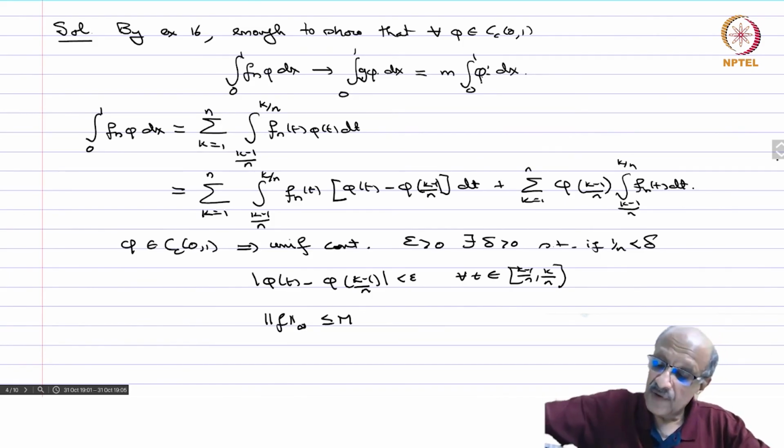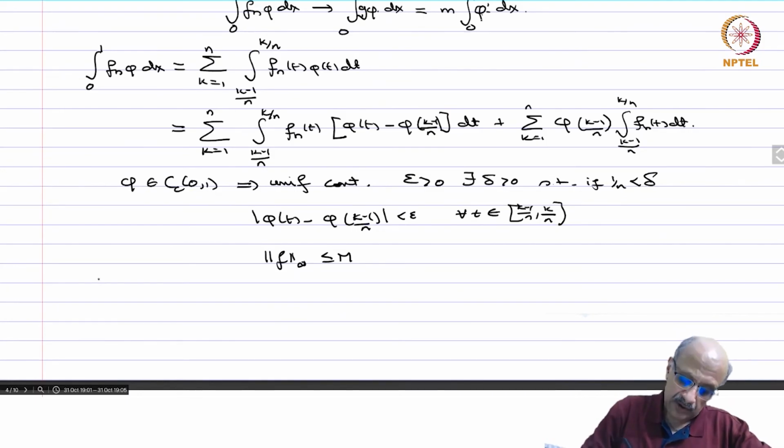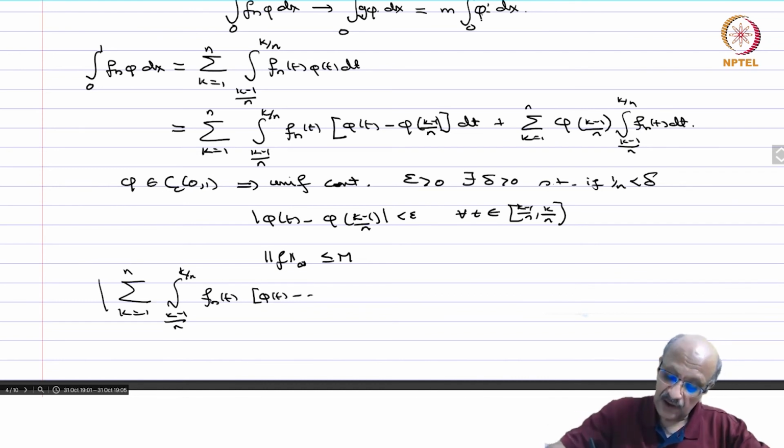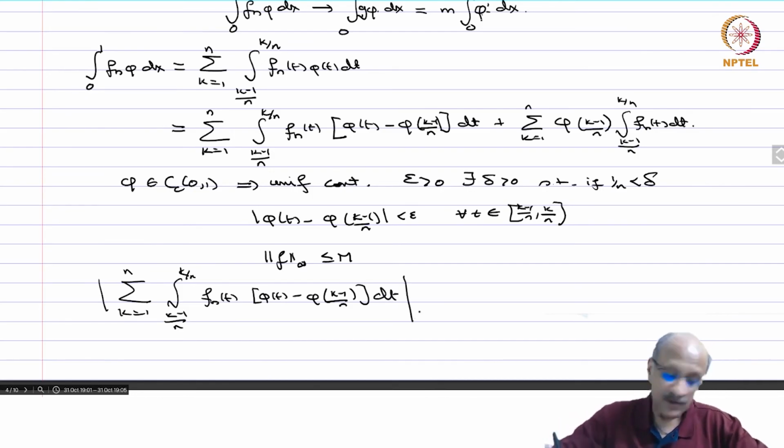So let us look at the first term. So modulus of the sum over k equals 1 to n of the integral from (k-1)/n to k/n of f_n(t) times (phi(t) - phi((k-1)/n)) dt.